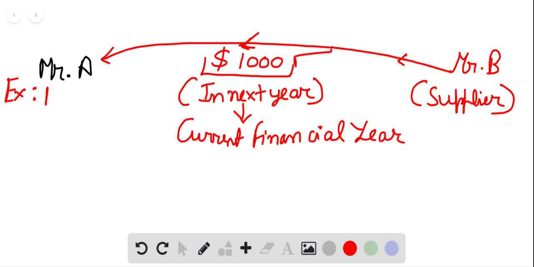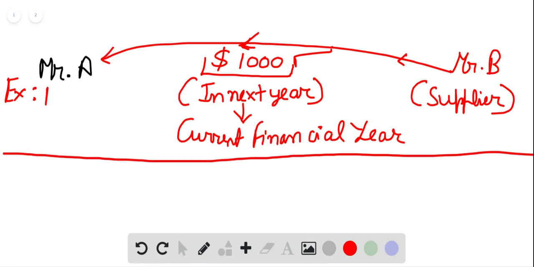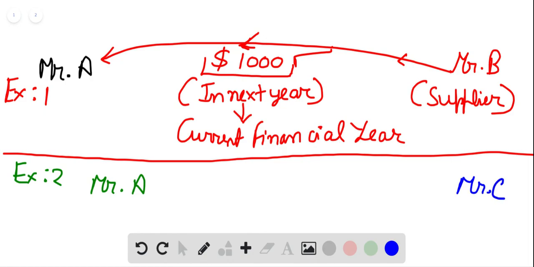Okay, and let's understand example number two. So what does example two say? Let's say Mr. A again, and now there is Mr. C. Mr. C is a customer.